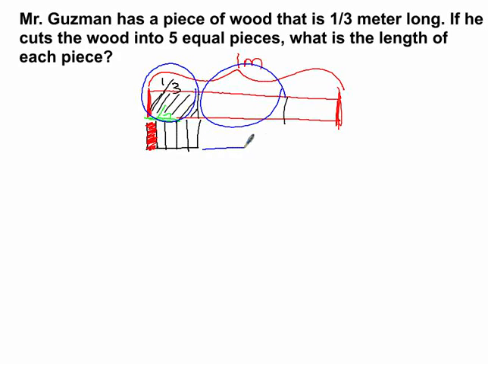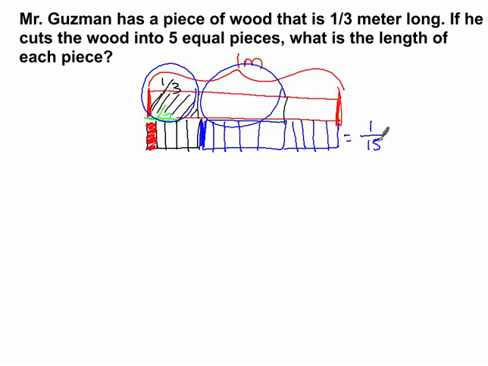So you would take this part and cut it into 5 pieces as well. 1, 2, 3, 4, 5 parts. And I would do the same thing over here. Now you can really clearly see that my total parts increased from 3 parts to 15 parts, and I have 1/15 shaded.